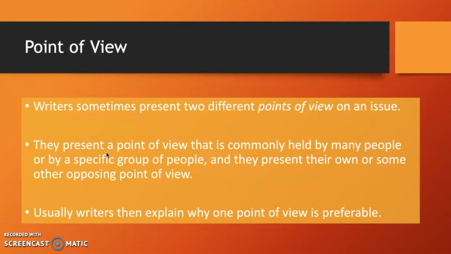They present a point of view that is commonly held by many people or by a specific group of people, and they present their own or some other opposing point of view. Usually writers then explain why one point of view is preferable.